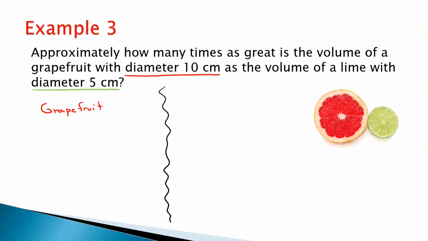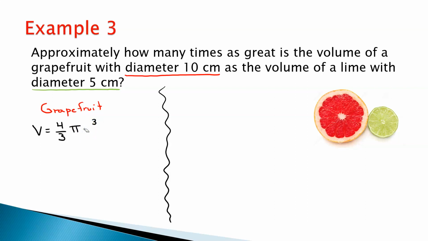Okay. So my volume for my grapefruit, since it's a sphere, right? It's not the most accurate sphere, but it's a sphere nonetheless. Volume of a sphere is 4/3 pi r to the third power. So again, let's fill in that r.